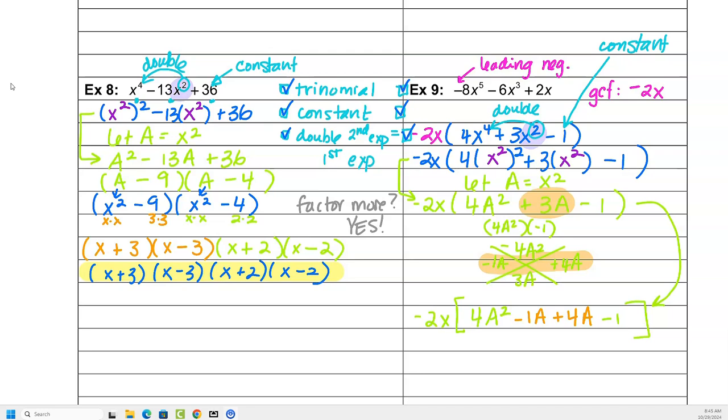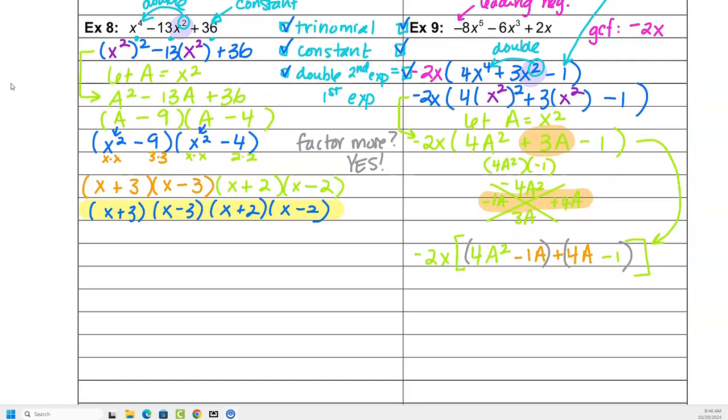Now I can group the first two. So I can group here, there, and then start looking for a GCF. Is there a GCF in that first group? Yeah, I could take an a out, and I'm left with 4a minus 1 plus. Is there a GCF in the second group? No, I'm going to leave it alone, but I'll take out a 1, and then write 4a minus 1.